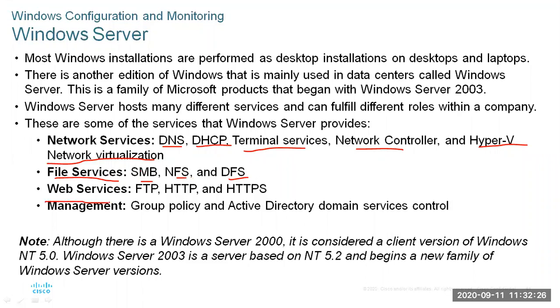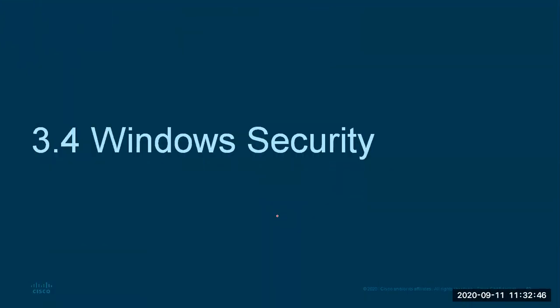Web services like FTP, TFTP, HTTPS. You can enable and configure all those on your Windows Server. You can also do group policy and Active Directory domain controller. Right? So that is it.